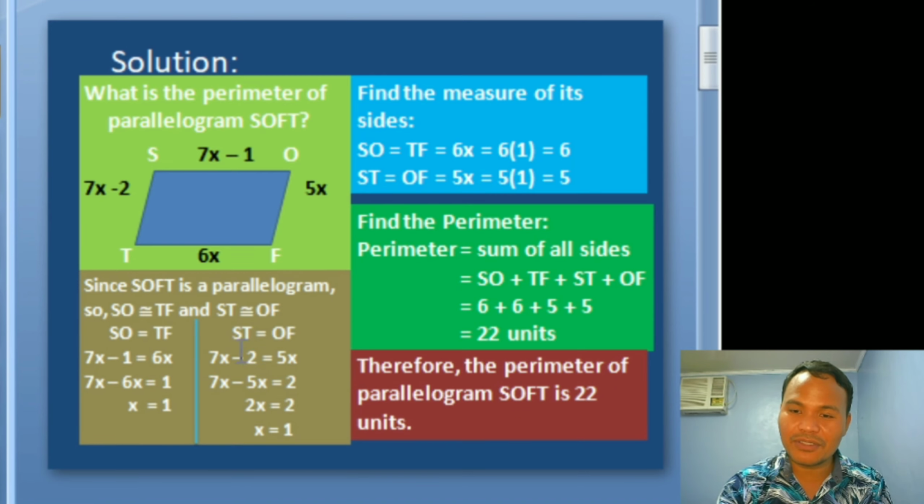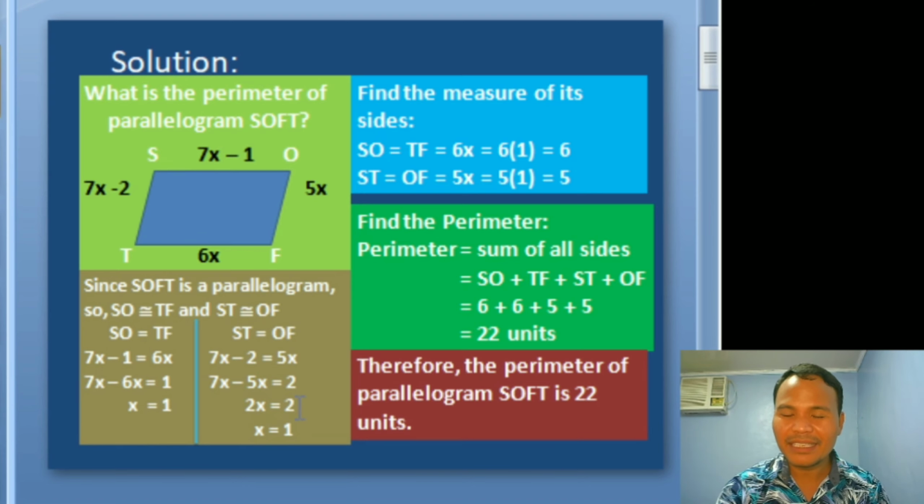And negative 2 is transposed to the right side of the equal sign, it becomes positive 2. Then simplify, 7x minus 5x is 2x equals 2. Divide both sides by 2 to solve for x, so x equals 1.